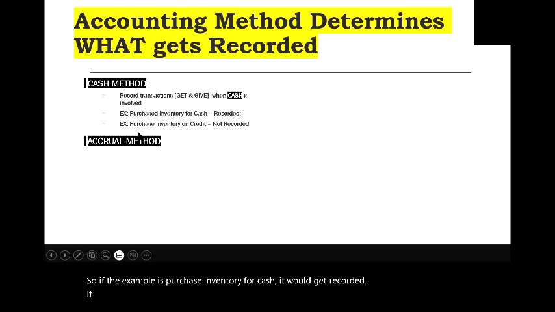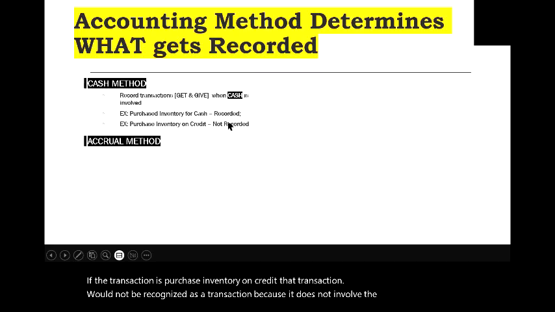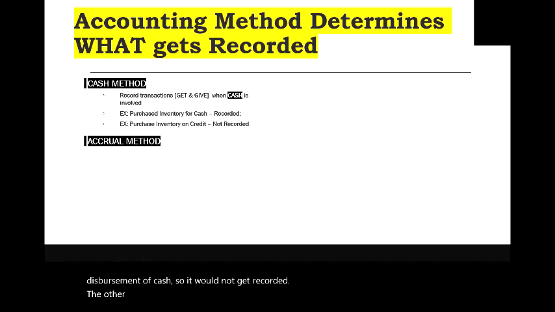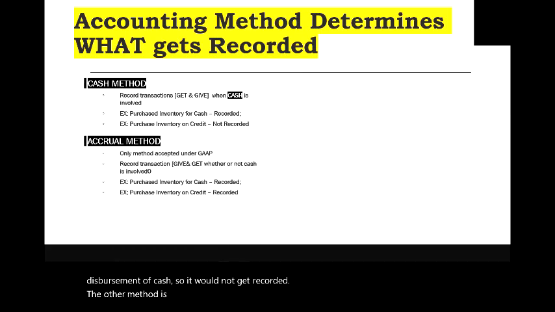If the transaction is purchase inventory on credit, that transaction would not be recognized as a transaction because it does not involve the immediate receipt or disbursement of cash, so it would not get recorded. The other method is the accrual method.